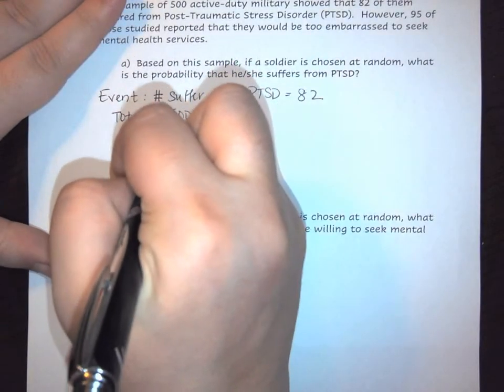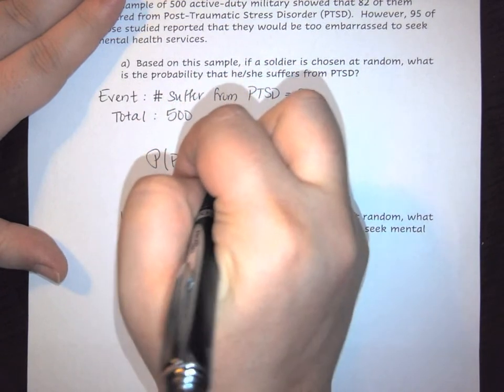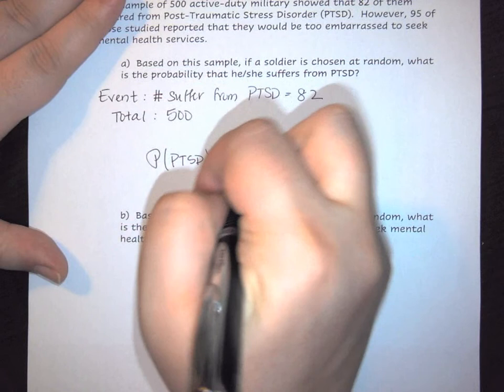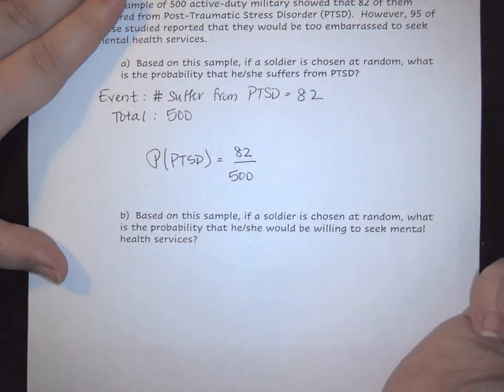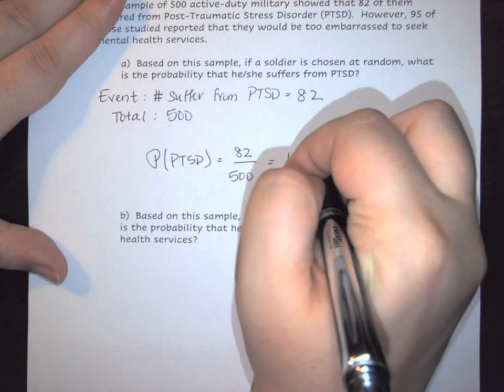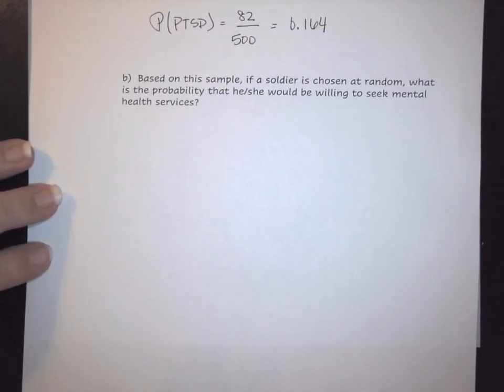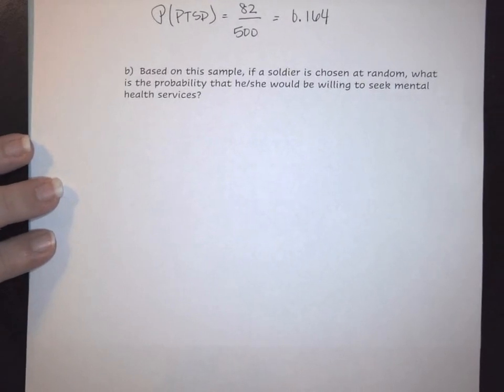Therefore, the probability that a soldier has PTSD is going to be 82 out of the 500 sampled, which in this case is going to be 0.164.